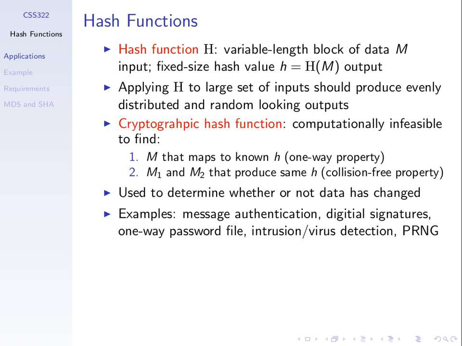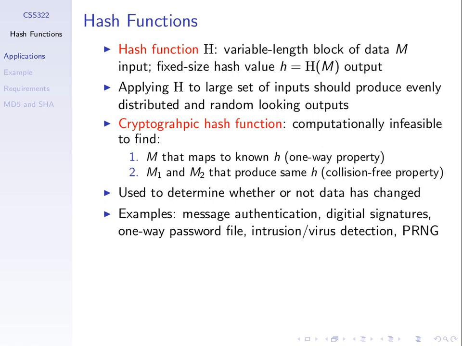From a security point of view, we will use hash functions for authentication and similar services. What we need from such a hash function is that when we take some input value m and apply our hash function, it maps to our hash value, but given our hash value, it should be computationally difficult to find m, to go backwards.